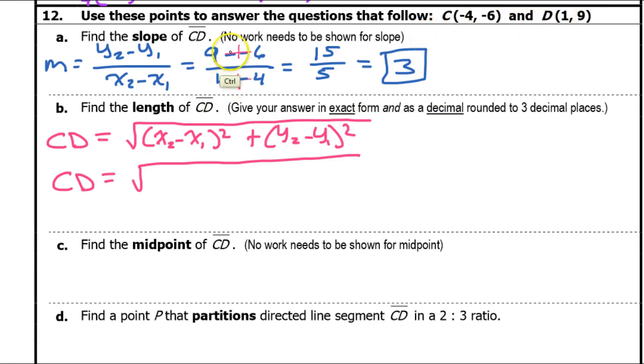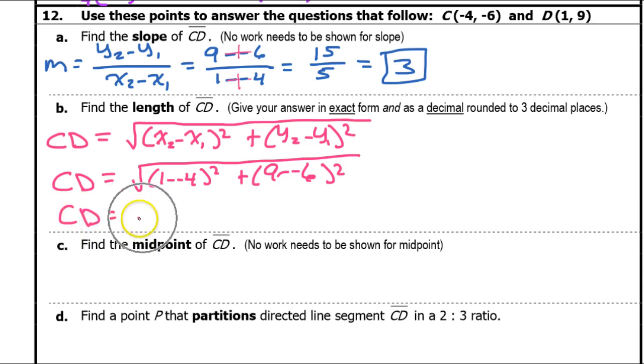Again, it's the same thing that showed up in the slope, so 1 minus negative 4 squared, and then 9 minus negative 6 squared. Okay, so this is really 1 plus 4, so that's going to be 5 squared.